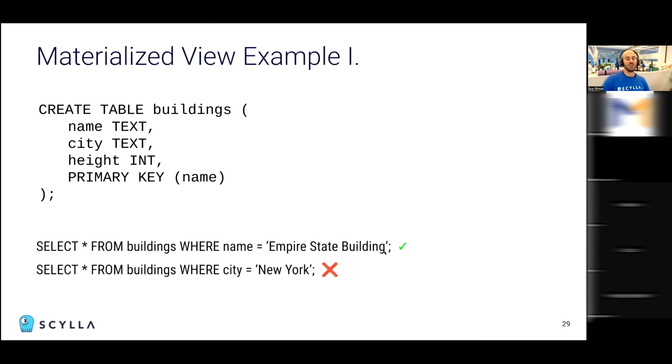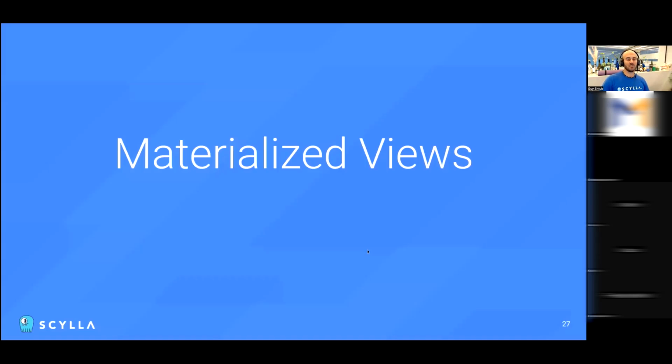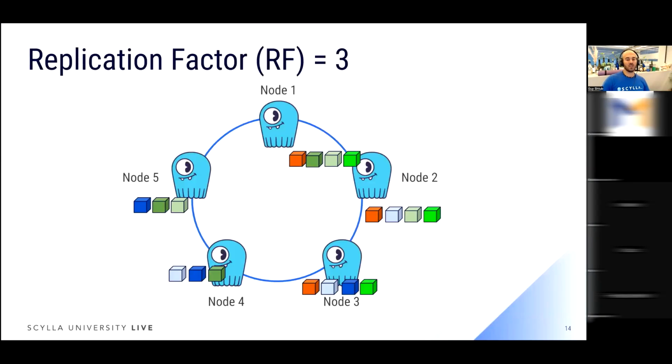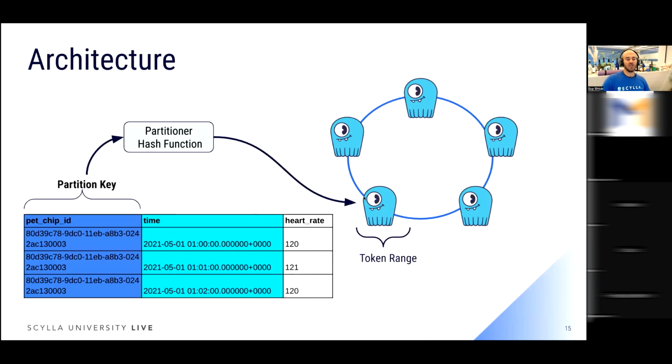If you remember what would happen, let me go back to the slide. Under the hood, the database would take that partition key, perform the hash function on it, and it would know exactly which node and where within that node our data exists.